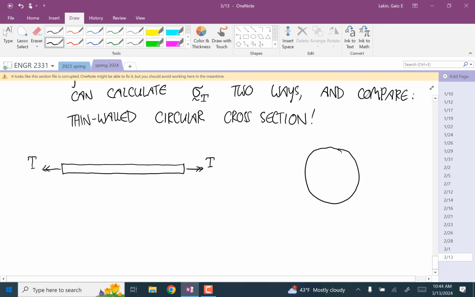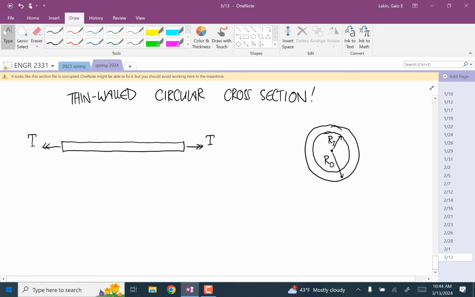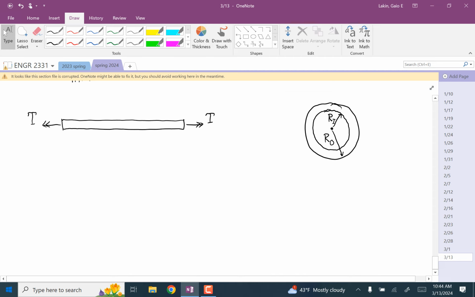And looking at the cross section, this is our inner, and this is our outer. So let's first do it as a thin-walled tube.